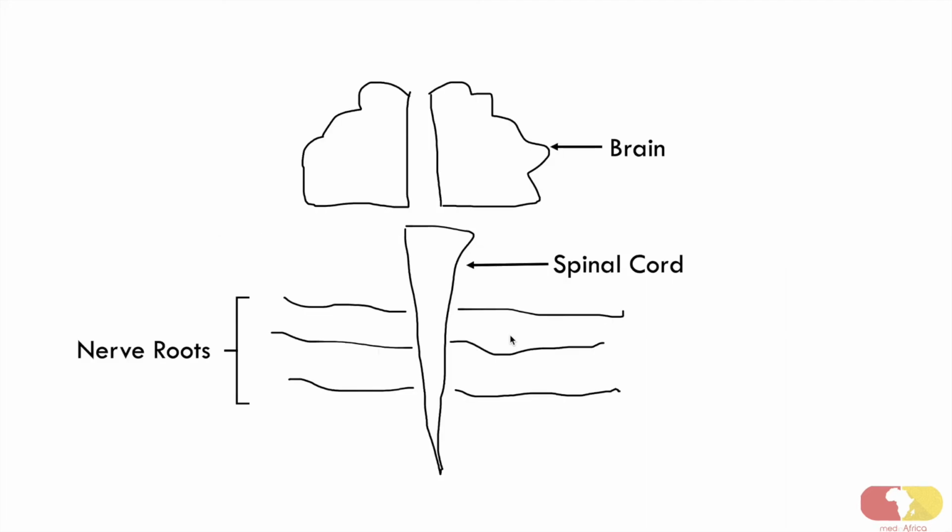So I go back to the same diagram that I showed you in the beginning. If you just go by this simple illustration, there's only a few places where your problem could be.